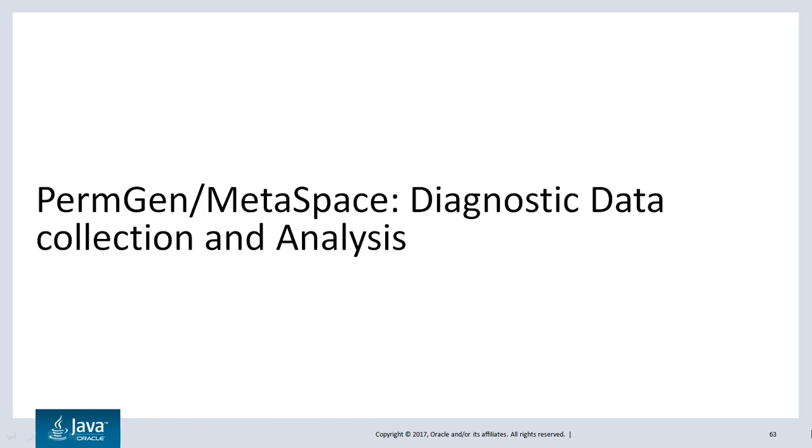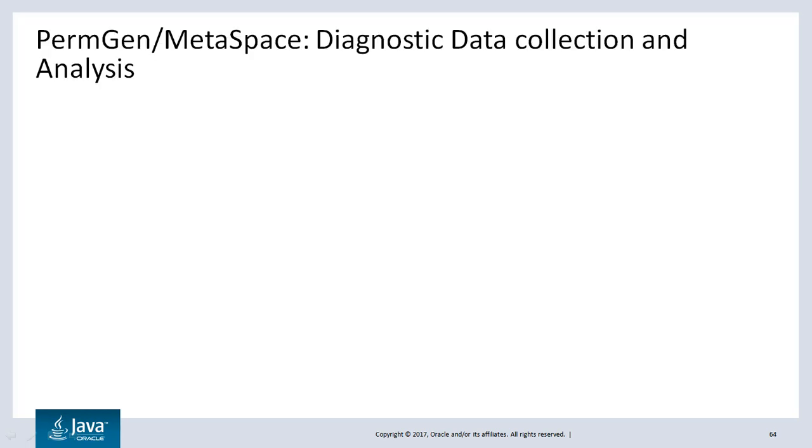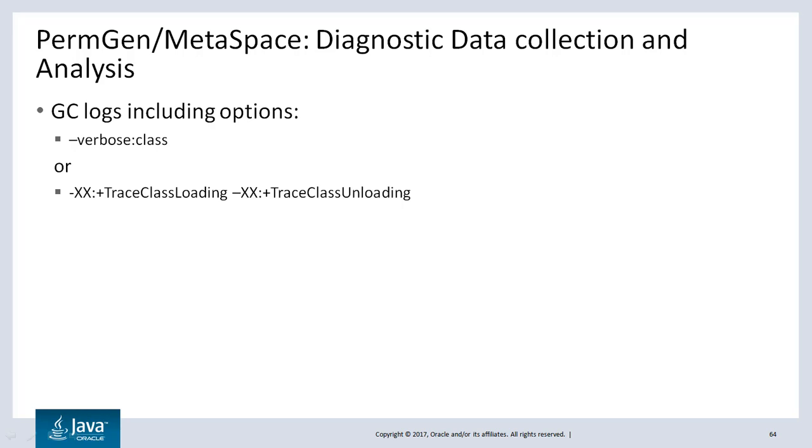Let's see what diagnostic data and tools can help us troubleshoot memory issues in PermGen or MetaSpace. So which diagnostic data can give us insight into what's going on in the PermGen or MetaSpace? The first one on the list is GC logs. Logs collected with -verbose:class or with -XX:+TraceClassLoading and -XX:+TraceClassUnloading options prove to be really helpful.